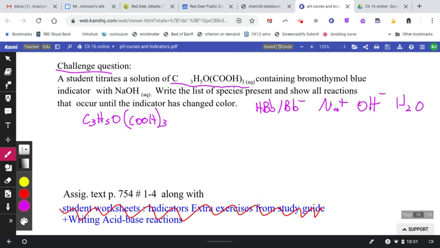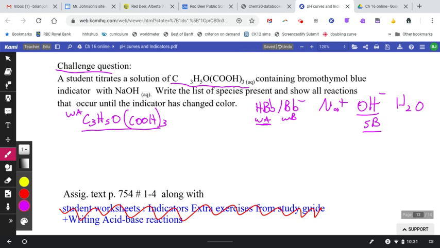Okay, so our strong base is the hydroxide. This is a weak acid, so it stays together. Here's a weak acid and a weak base. So we're adding OH minus. So the question is, who does OH minus go after first? HBB as a weak acid or this one as a weak acid?